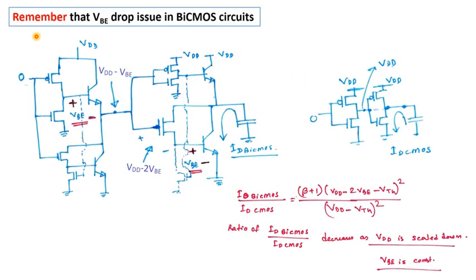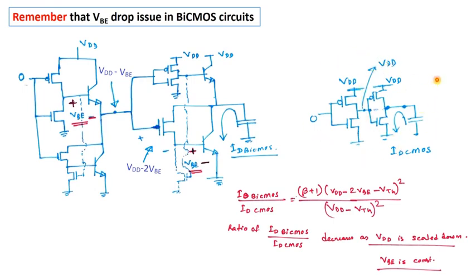Remember the issue of VBE voltage drop in case of BiCMOS logic circuits? Yes, right? Okay, let us see how it impacts. So let's consider a case where one inverter is driving another inverter.